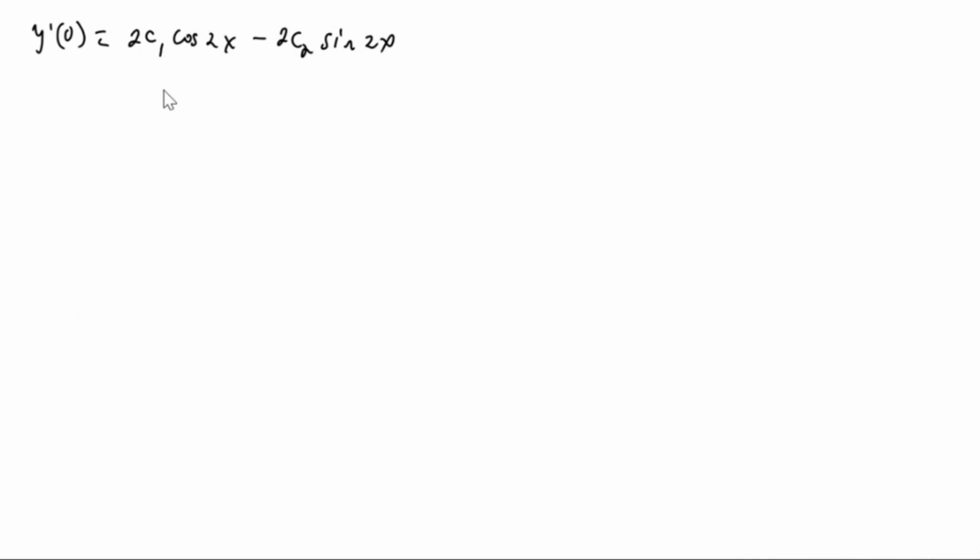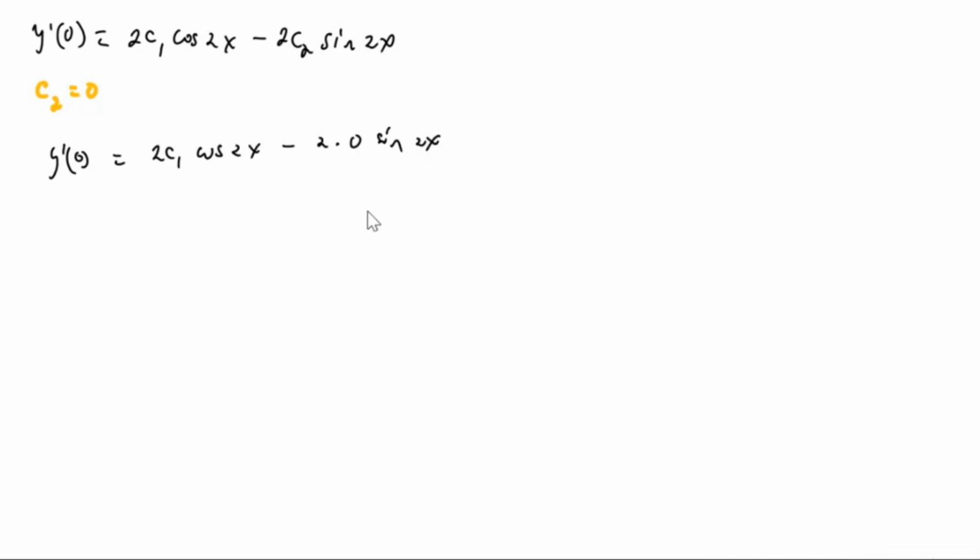All right, then after that, knowing that the value of c sub 2 is equal to 0, we can substitute it here. Then we can solve for c sub 1. So we have y prime of 0 is equal to 2c sub 1 of cosine 2x minus 2 times the value of c sub 2, and as the value of c sub 2 is 0, then sine of 2x.